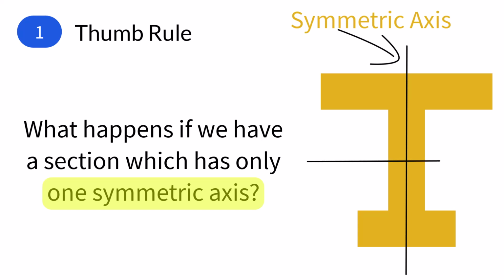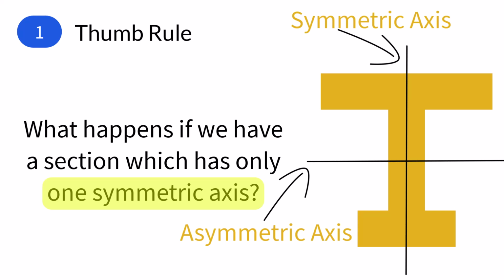The horizontal line passing through its center is not a symmetric axis because it is not dividing the section into two mirror images. For such a section, the centroid lies on the vertical symmetric axis, but its exact location is unknown because in this case we have only one symmetric axis and the other horizontal line is an asymmetric axis.